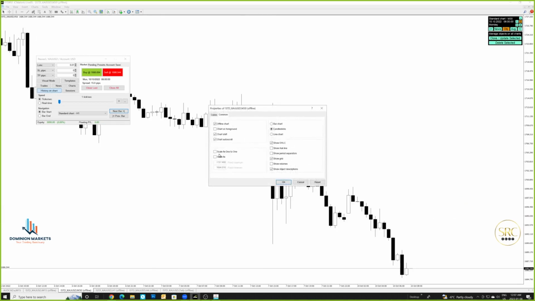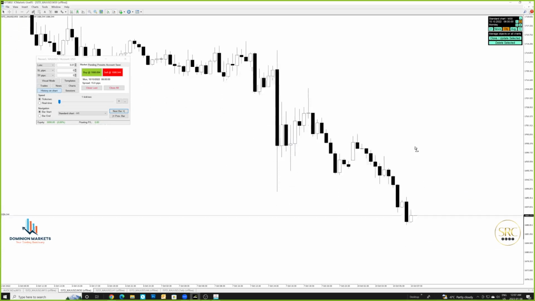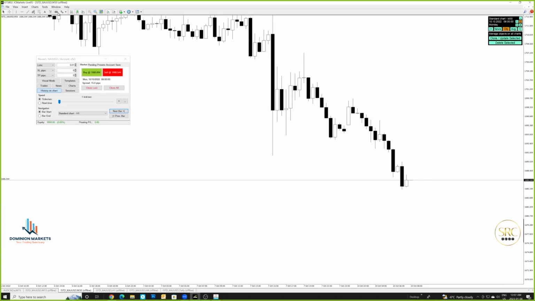Let's do this, properties, scale fix. And all right, let's take a look on the 30-minute. Now, the 30-minute is creating a situation where if the new 30-minute candle breaks below the low of the previous one, I think there's a very good possibility that price can continue to push down. But on the other hand, we're creating a resistance around, I would say, 1689.